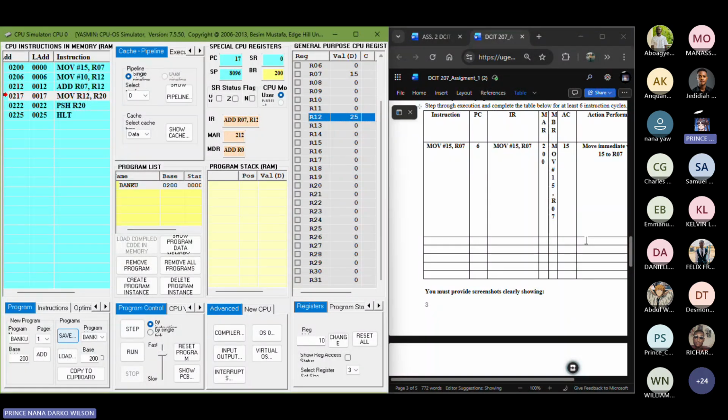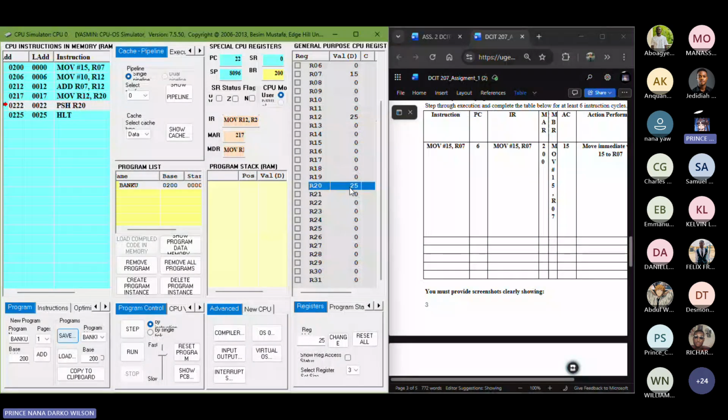So we step again. Upon stepping, this time the new instruction says we are moving the data in R12 to R20. If you come to R20, you see that it has now been updated to 25. It has copied the data in R12 and pasted it in R20.